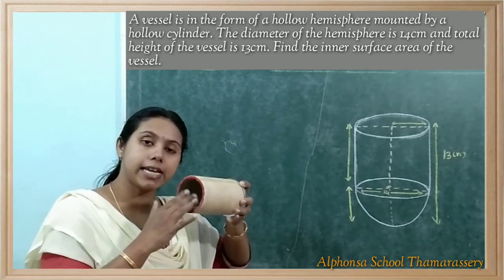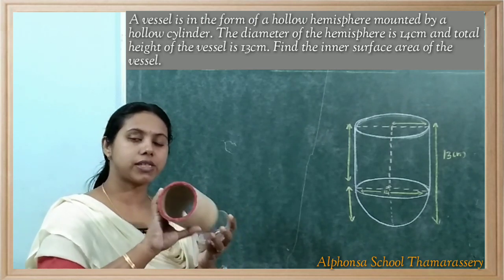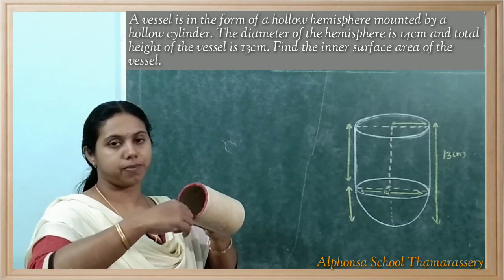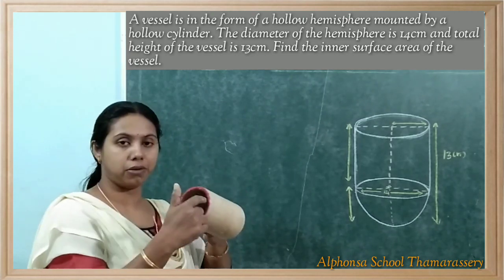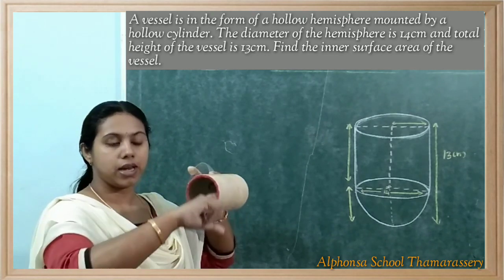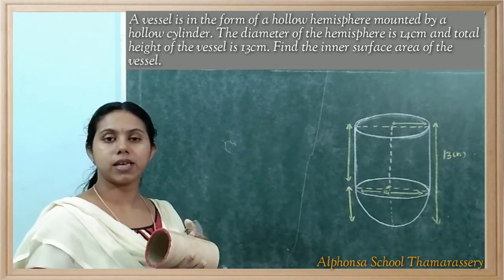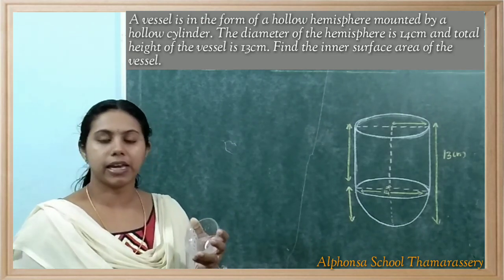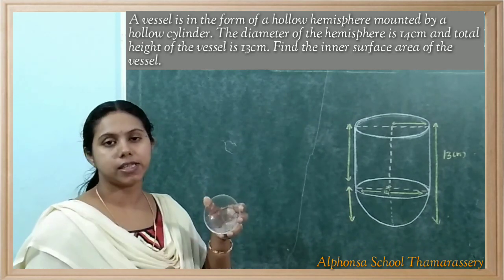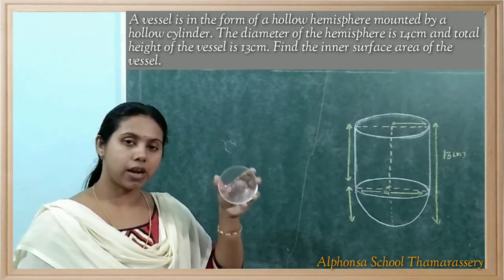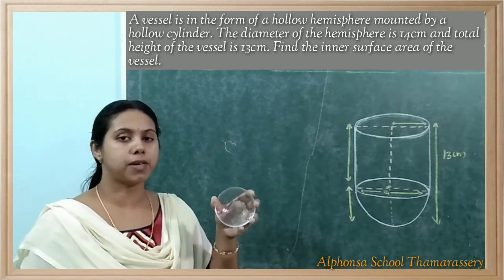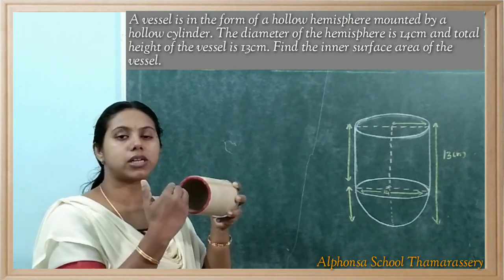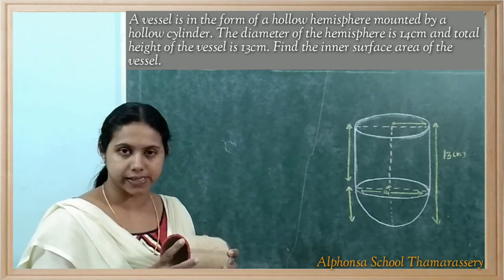The inner surface area of the cylinder is 2 pi r h, because we know the radius and we know the height. So it will be the curved surface area of the cylinder, only the inner curved surface area. In the same way, the inner curved surface area of the hemisphere plus the inner curved surface area of the cylinder is the total inner surface area of the vessel.